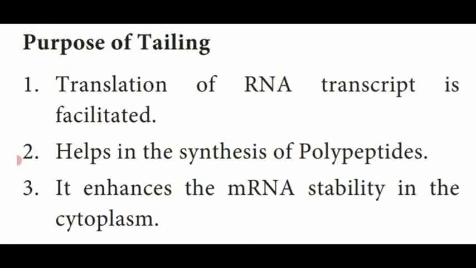Tailing, or polyadenylation, takes place with the addition of adenine nucleotides at the 3' end of the pre-RNA or hnRNA, known as the poly-A tail.